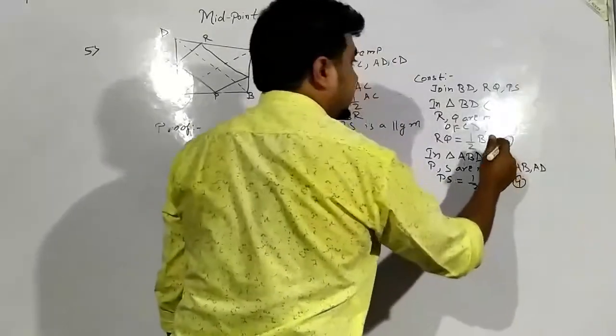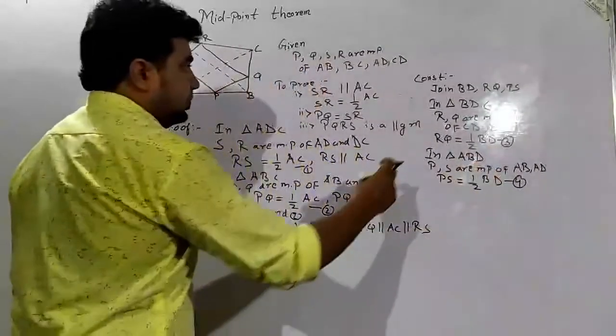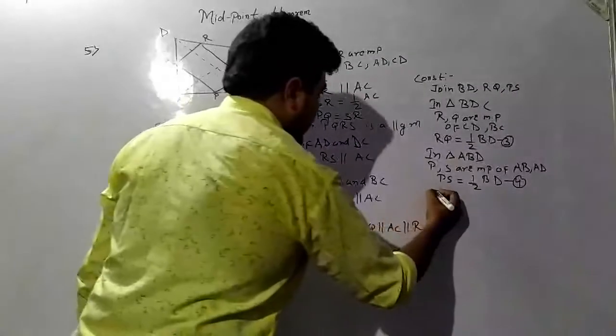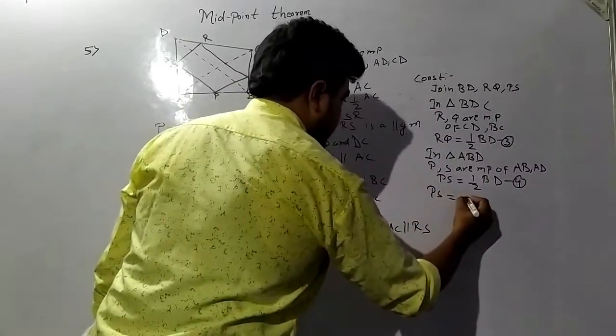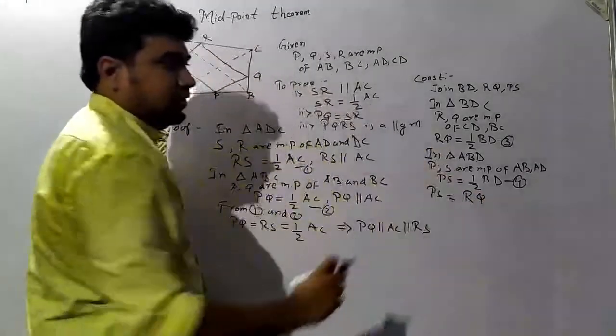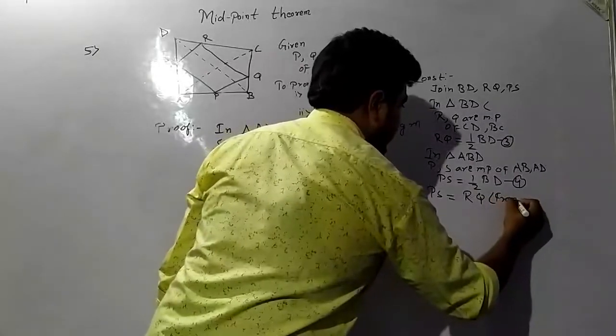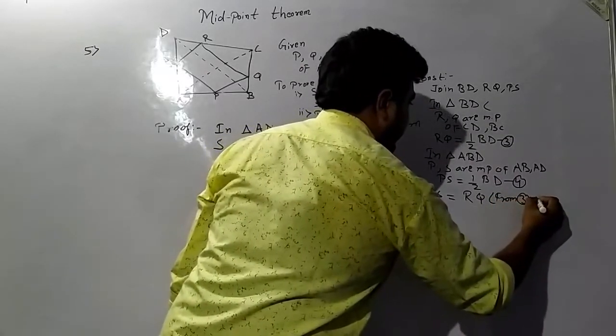This we are getting as a proof. Now we can get from here that PS will be equal to RQ. This we are getting from 3 and 4.